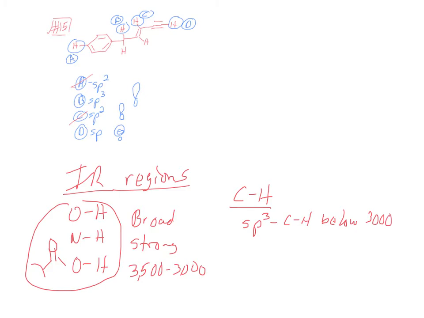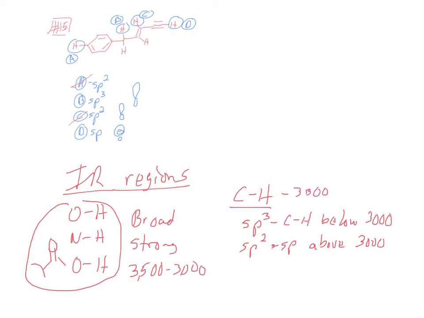So if there are no peaks around 3,000 or above 3,000, you don't have any sp2 or sp CHs. Sp2 and sp are above 3,000.